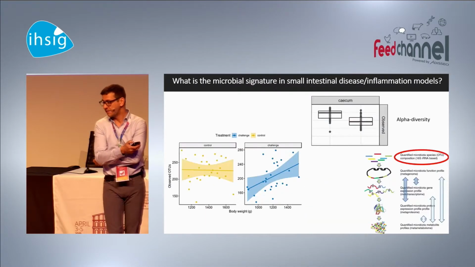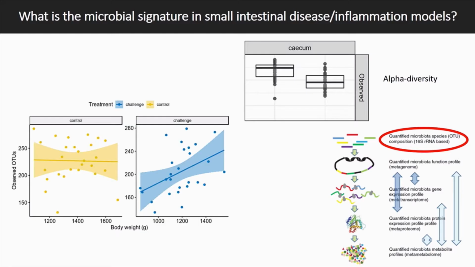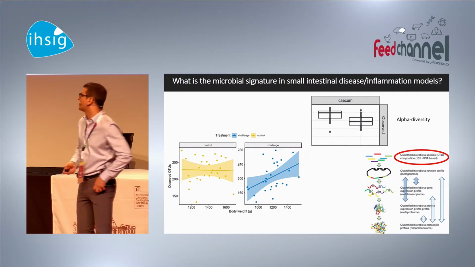Now, if you do 16S sequencing, you immediately see that the challenged animals have a lower diversity, okay? That's one thing. But importantly as well, if you compare control animals with challenged animals, and you look at the observed taxonomical units, so the number of bacterial taxa, if you want.